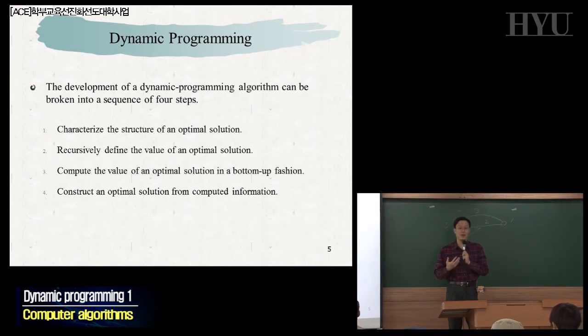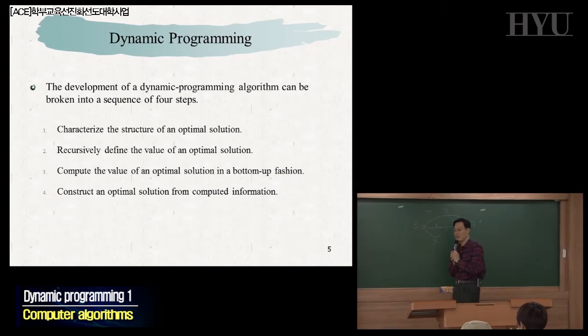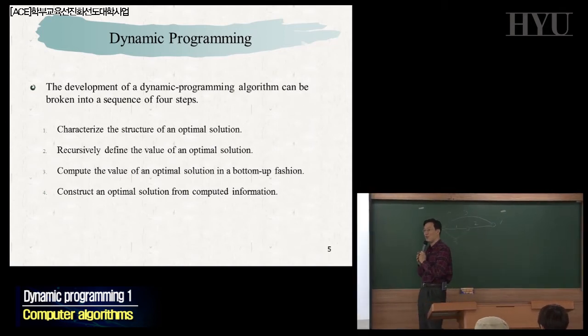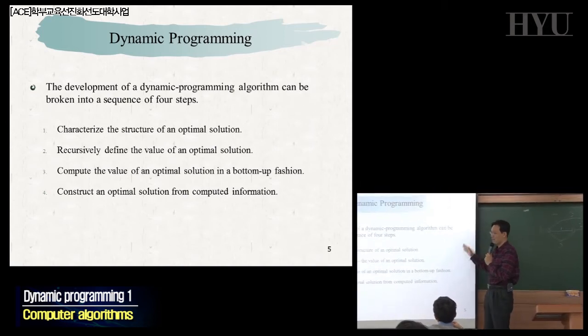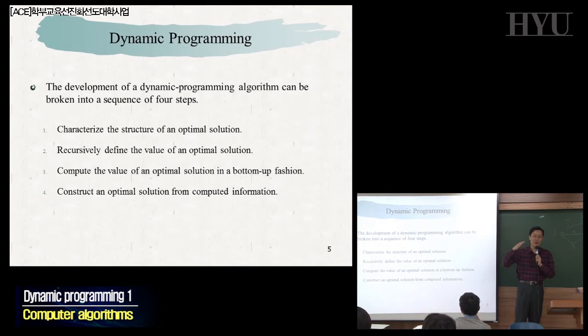Then compute the value of an optimal solution in a bottom-up fashion. And finally, construct an optimal solution from computed information. Okay, it looks quite unfamiliar. Let me explain this throughout this class using an example.